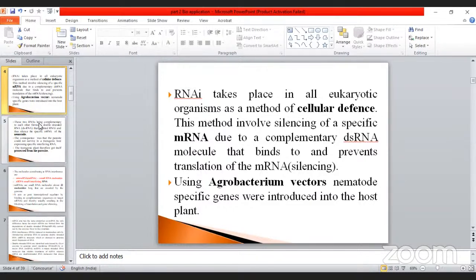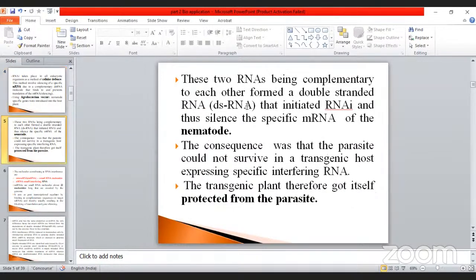That is given here. This is the initiation of the silencing of the specific mRNA of the nematode. As a result, the parasite could not survive in a transgenic host expressing specific interfering RNA molecules. The transgenic plant therefore protected itself from the parasite.